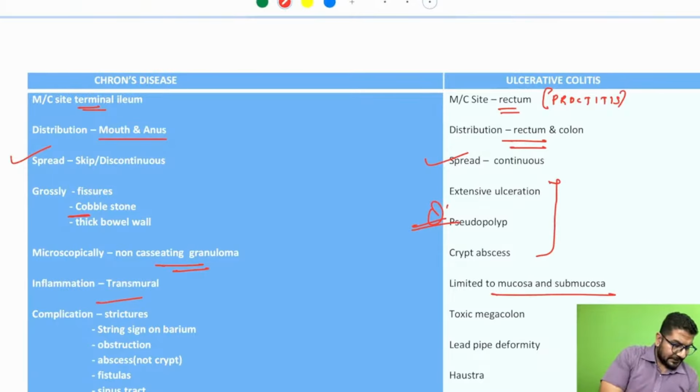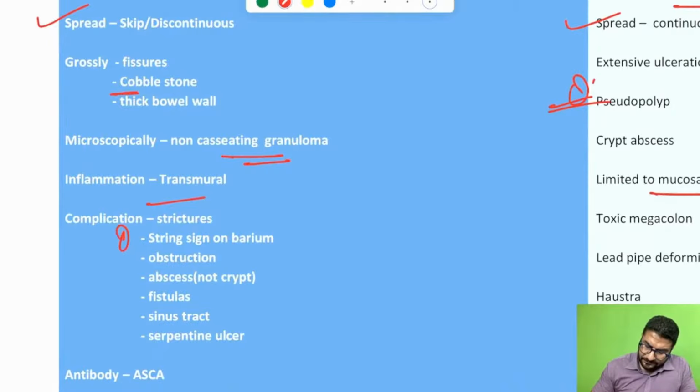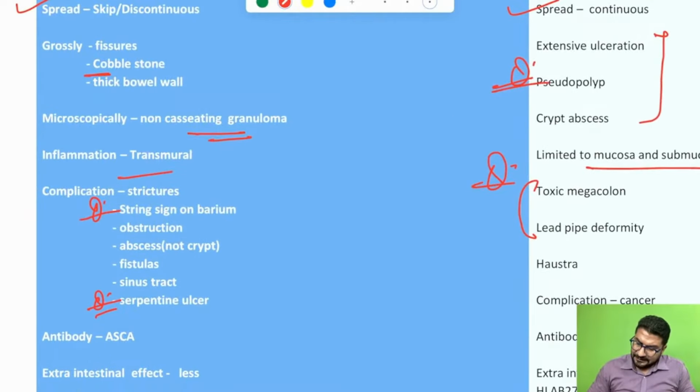Then remember in Crohn's disease, what else can you notice? You can see string sign of Kantor. You can see fistulas, serpentine ulcers. Here you will see toxic megacolon and lead pipe deformity. Understand this thing.